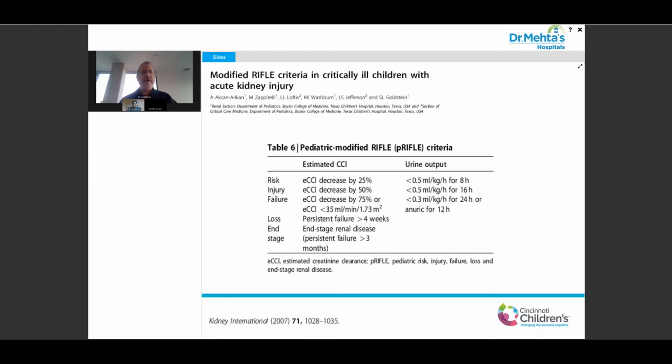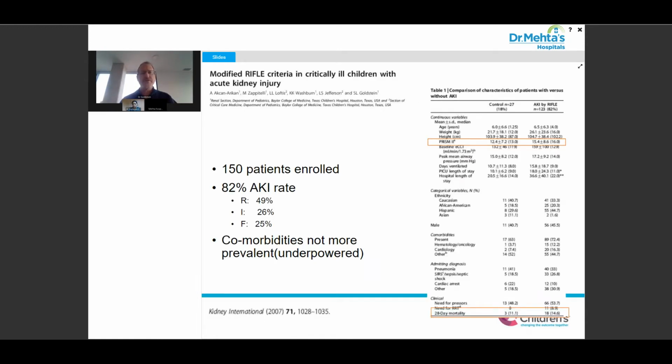And what we found in these 150 patients who were enrolled, remember they were all intubated on one vasoactive substance, that 82% fulfilled the criteria for acute kidney injury, with about half of those with AKI having R, and the other half having either I or F, injury or failure.